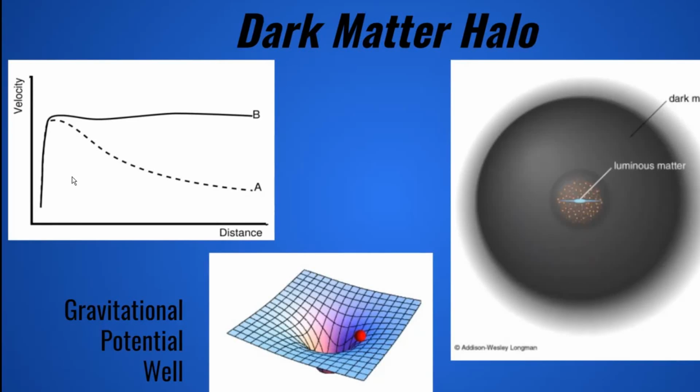And instead, the observation showed that this curve is flat, suggesting that there is some mass that we don't see. And this is the same mass that you probably hear me use this word. It's what causes space-time to bend, because it's like a heavy mass on a sheet. It makes like a well, and things fall into it. That's kind of the gravity effect, and this is what we call a gravitational potential well.